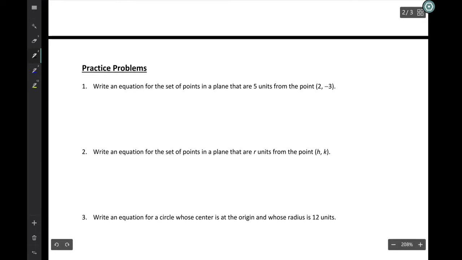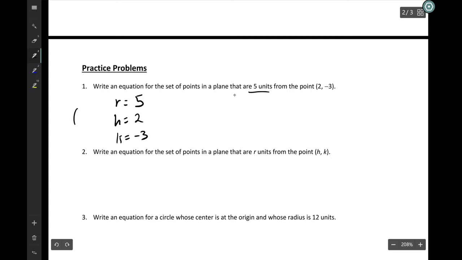So let's go through and write some equations given some properties. Write an equation for the set of points in a plane that are 5 units from the point 2, negative 3. So that tells me that r is equal to 5, because that's the 5 units from the point, so that's my radius. h is equal to 2, and k is equal to negative 3.